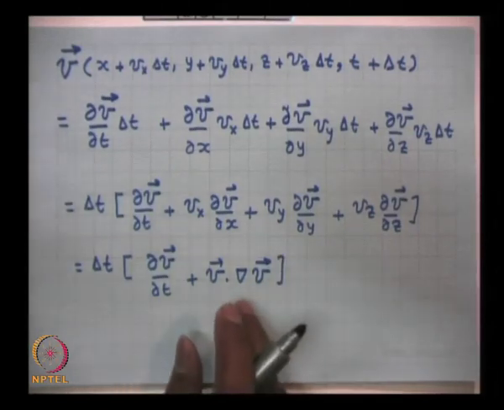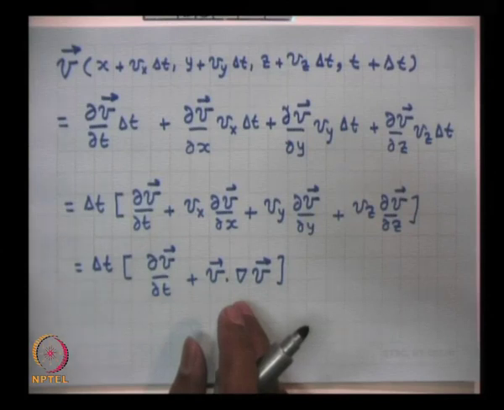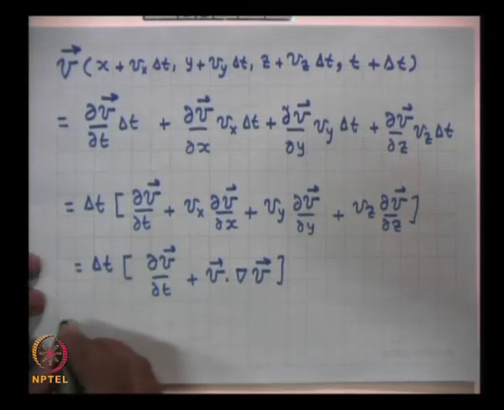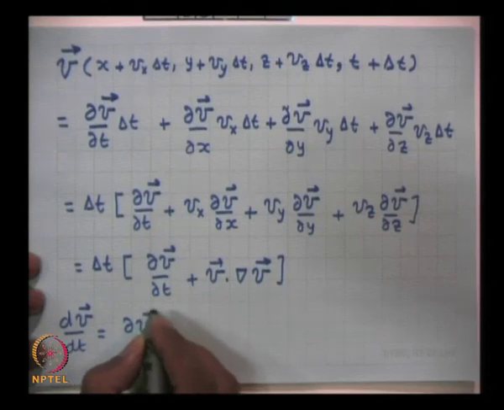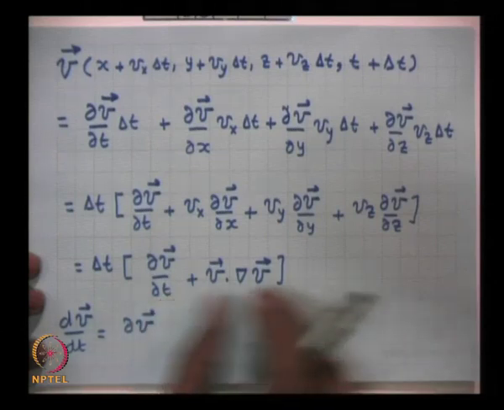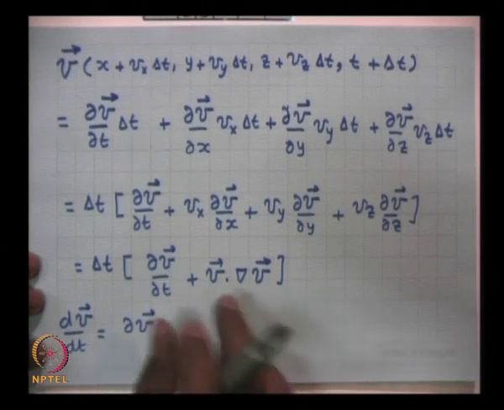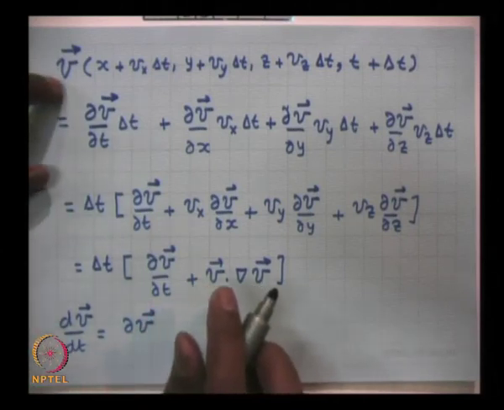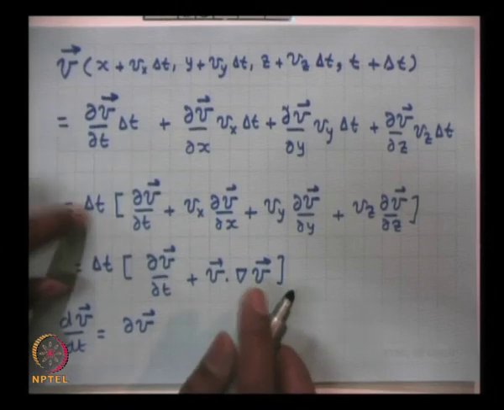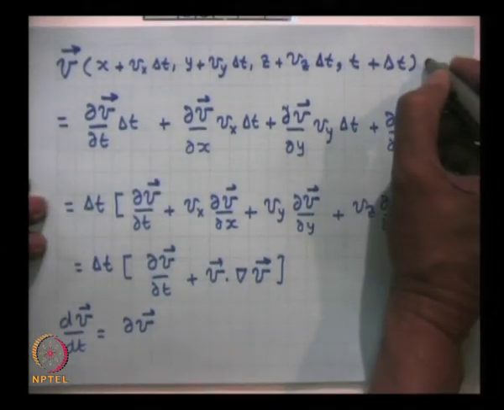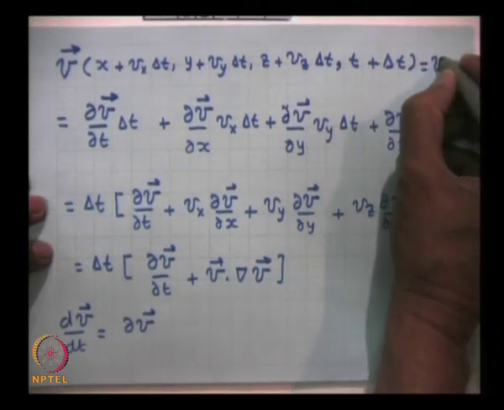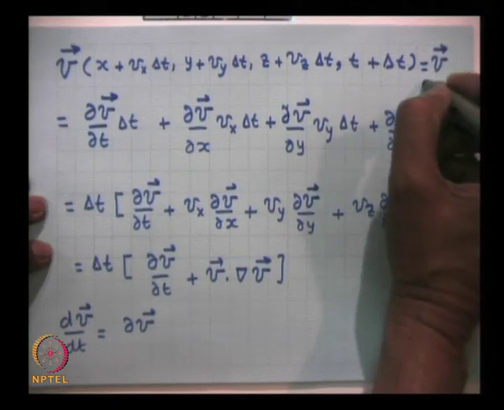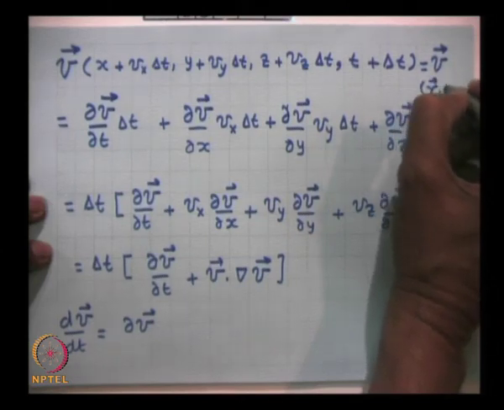And if I use this in my definition of dV by dt, I obtain dV by dt is equal to delta V by delta t, because I have to divide this. Sorry, I forgot one thing very important. This is the change in V, but I should have added a term here, which is V at r and t, the initial value.